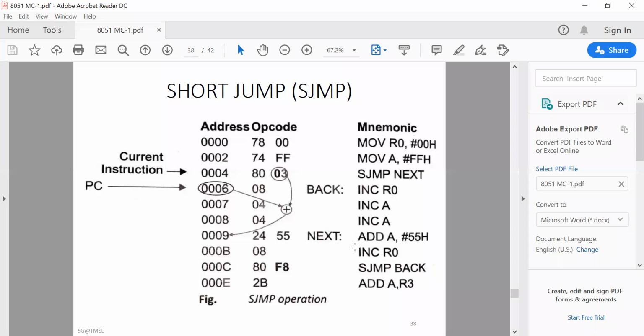When using a short jump, a program may only jump to instructions within 127 bytes in the forward direction, that is, for a signed number, plus 127, or minus 128 bytes in the reverse direction, with respect to the contents of the program counter.